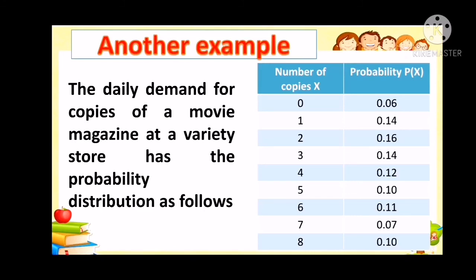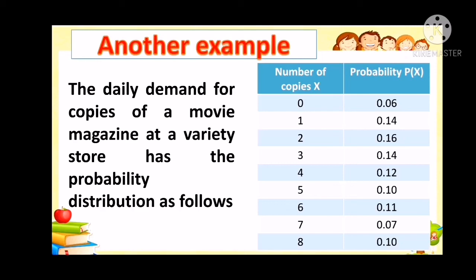Okay, another example. We have here the daily demand for copies of a movie magazine at a variety store has the probability distribution as follows. So we have here the table. So yung first column, we have the values of number of copies X, followed by its corresponding probability.